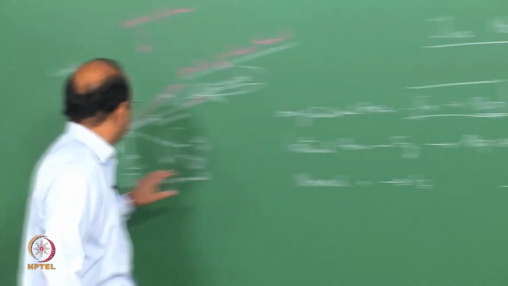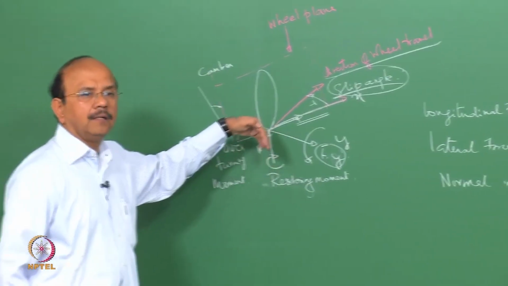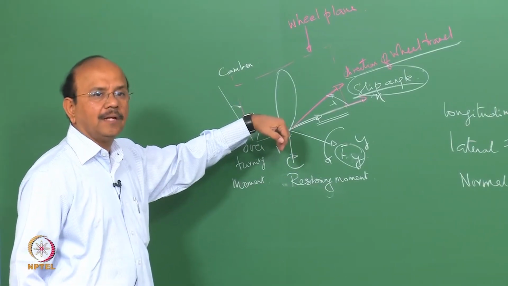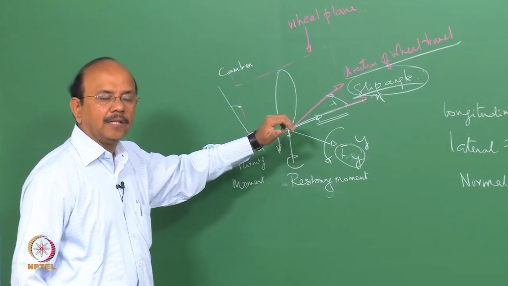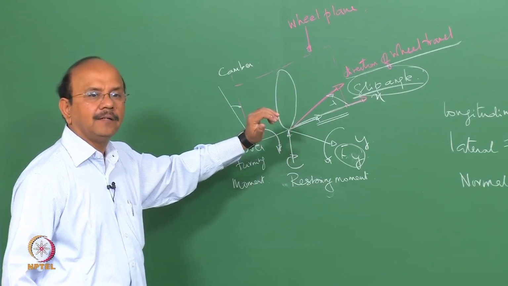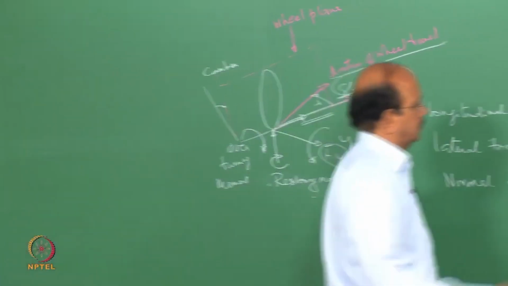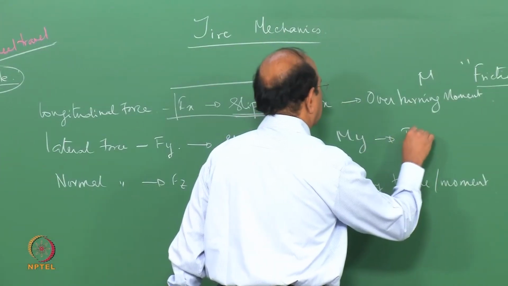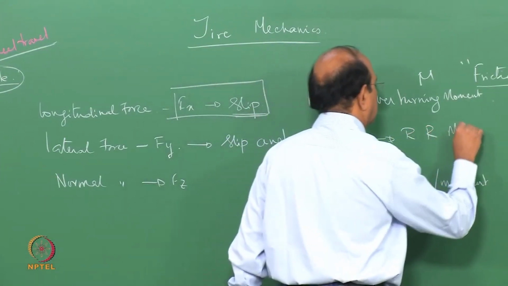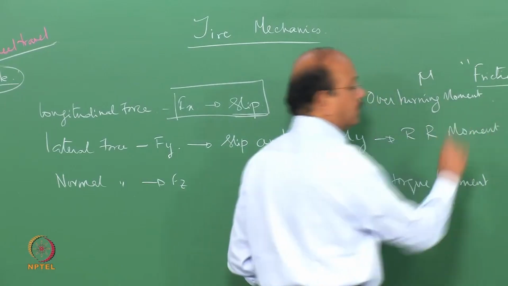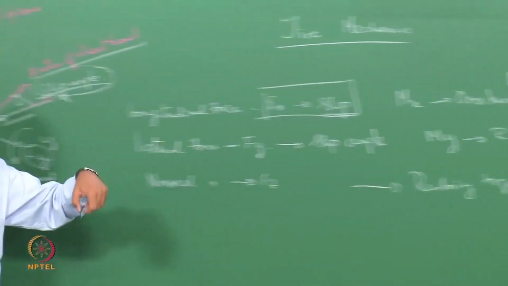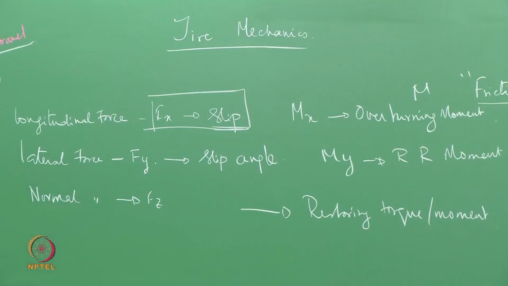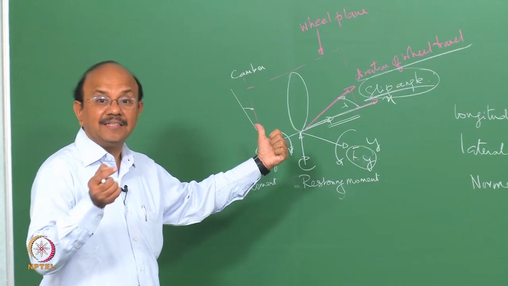And along the lateral direction there is a force as well as a moment, and the moment is nothing but the rolling resistance moment. We said that that moment or rolling resistance torque can be converted into a force that acts in the x direction. So we said that they are equivalent.